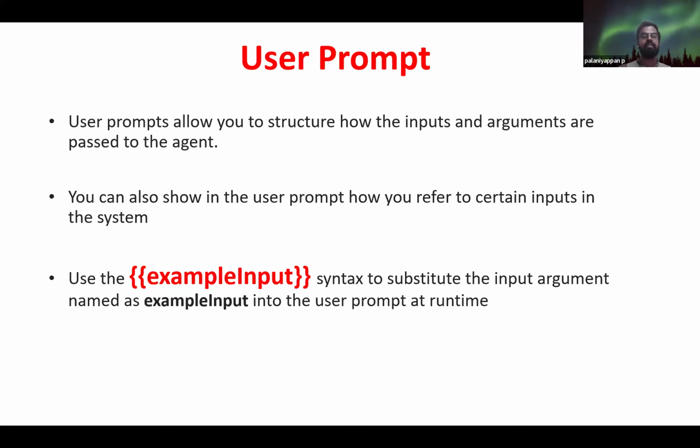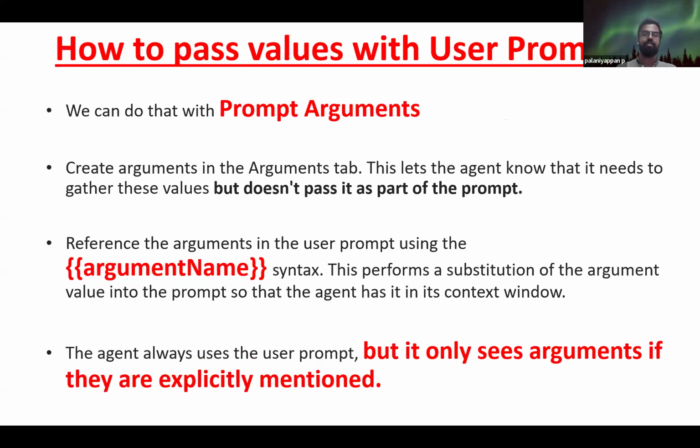You can use example input, which is actually the argument or the variable that we are getting from another agent, another RPA bot, or another LLM model, and you are trying to pass that as a prompt with some natural text before and after that argument, so that the next LLM model or next agent will understand that this value has to be used in so and so way. That is what user prompts are about.